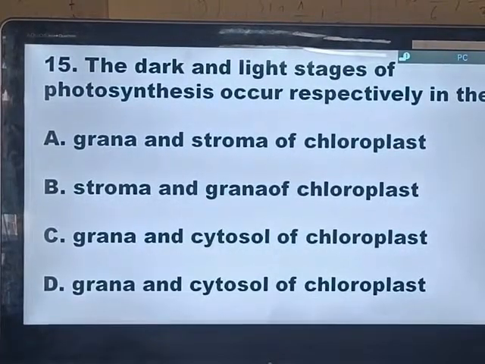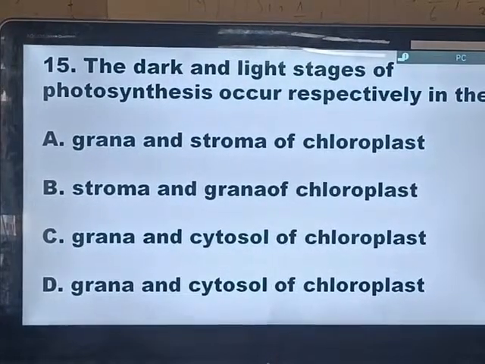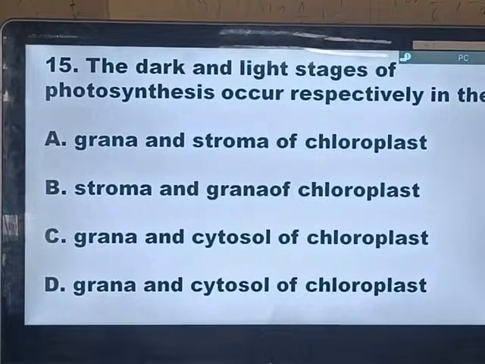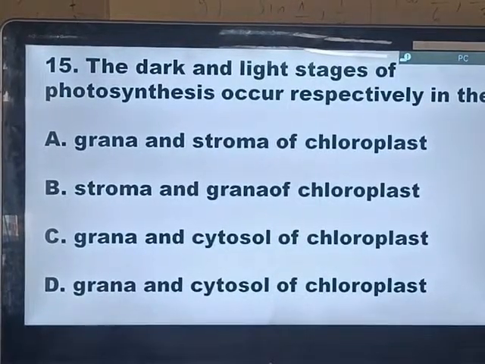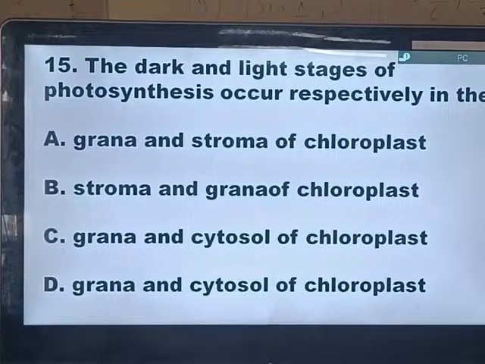So that's option B, stroma and grana of chloroplast. So once again, the dark stage occurs in the stroma of chloroplast, whereas the light stage occurs in the grana of chloroplast. So the correct option once again is option B.